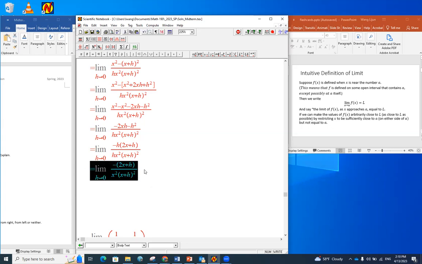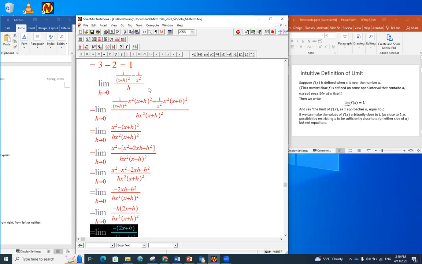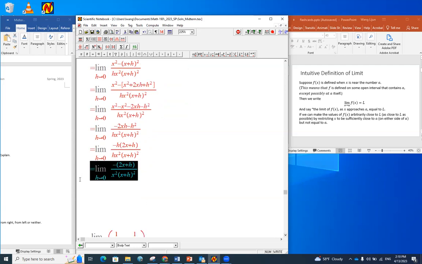Now we can do direct substitution, because previously we always had this 0 divided by 0 situation. Now we no longer have that situation. So we can directly substitute h by 0 without having to worry about getting 0 denominators. So h is substituted by 0.